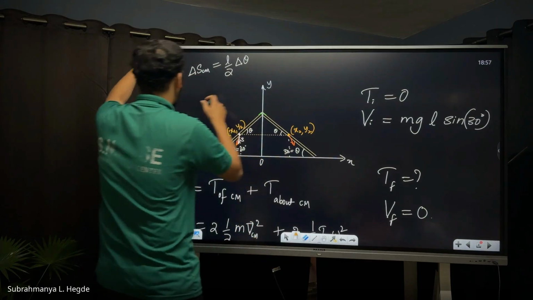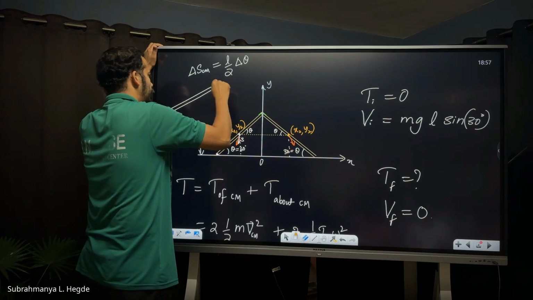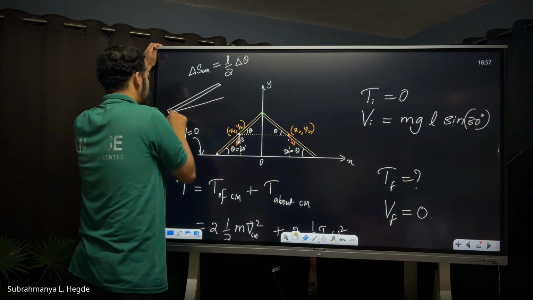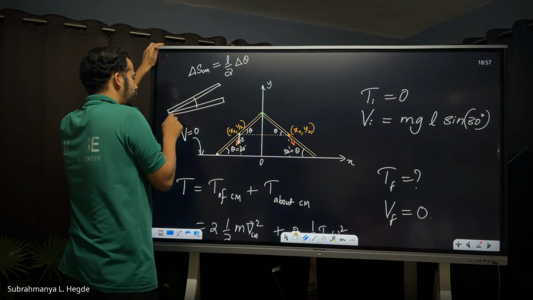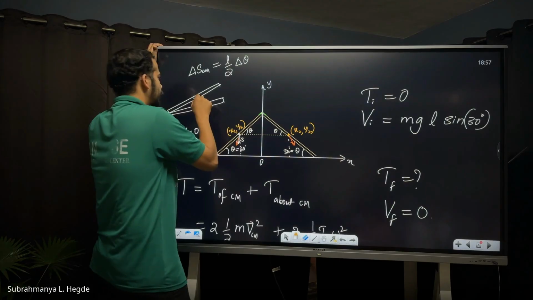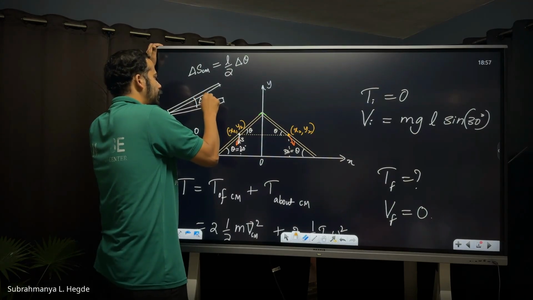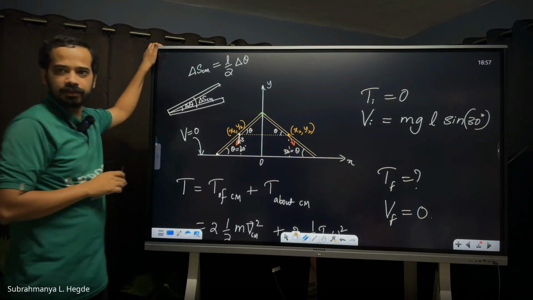Now let me try this one. This rod has moved like this. Then my center of mass is moved by this angle; this is my delta S. It is moved by this one. This is my delta theta. You got my logic?